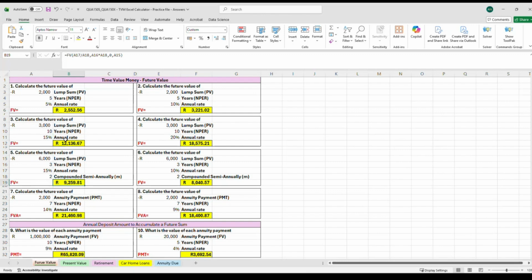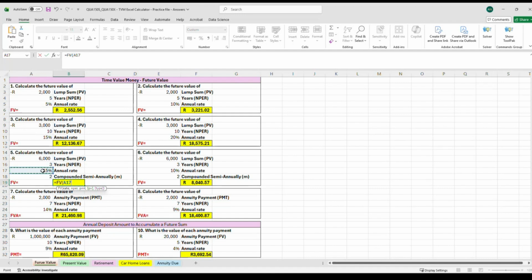So for this formula, there's a difference. If we just go back, this one is also FV, by the way. So I'm just going to delete this. What I always suggest is to start with the normal formula without thinking about the compounding, because this is FV. So we're also going to go equals FV. It says first we must select the rate.